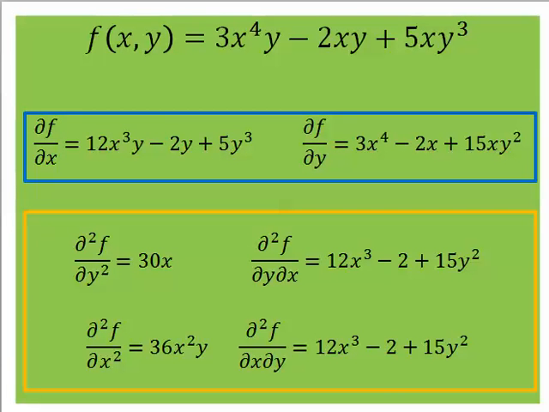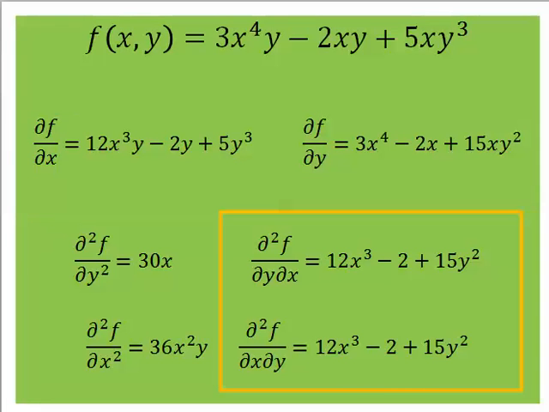The function f has two first partials and four second partials. And f partial x partial y is equal to f partial y partial x.